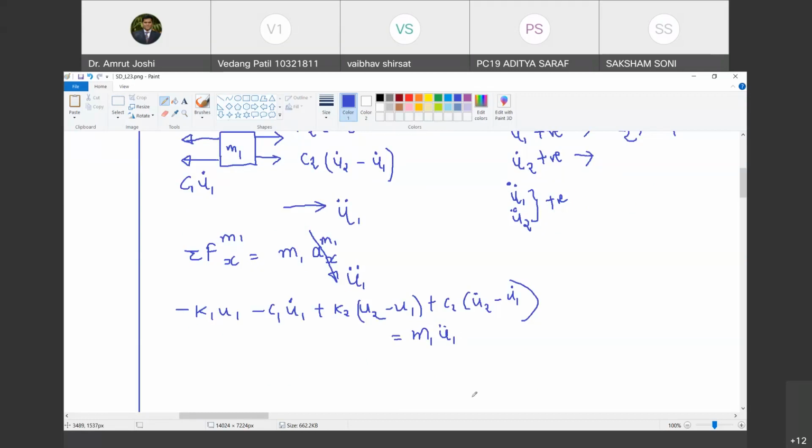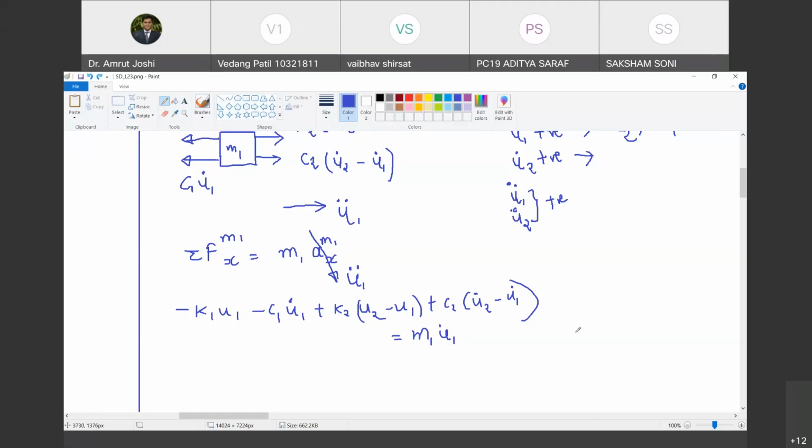Happy? Yes, sir. Now let us collect the terms in U1, U1 dot and U1 double dot together. So if I were to collect terms in U1, तो कौन-कौन से terms आने वाले? जरा बताओ. So U1 common into bracket. By the way, all these quantities are going to go on the right hand side.